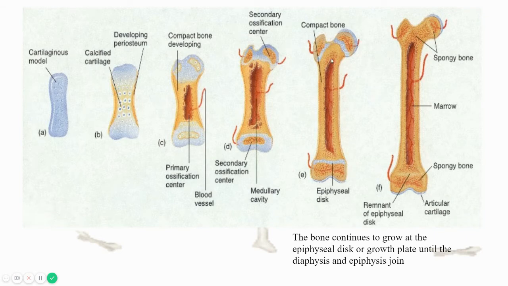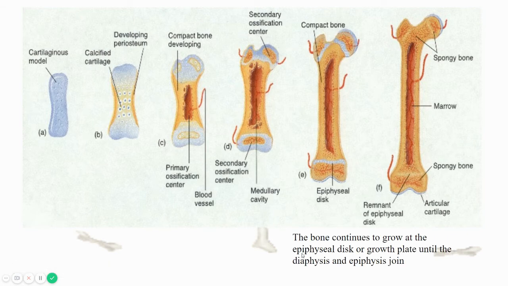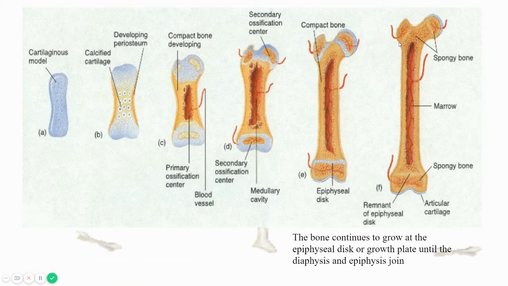In the last few pictures, the bone will continue to elongate and grow until the epiphyseal disc or the growth plate is essentially fused between the diaphysis and the epiphysis. So when those two areas join and replace that cartilage region on the disc or the growth plate, then you get a mature bone.